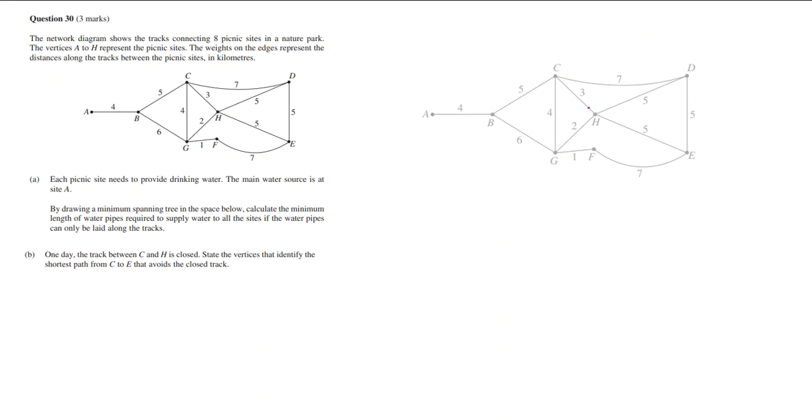So from all of these, the shortest one is G to F, right? It's got 1. So we're going to select this. So this is okay. Then the next shortest is here, G to H. So let's select this. And then the next shortest is this one. So we'll select this.